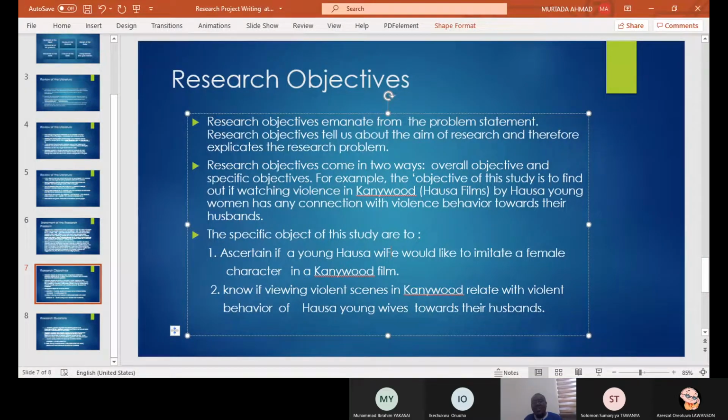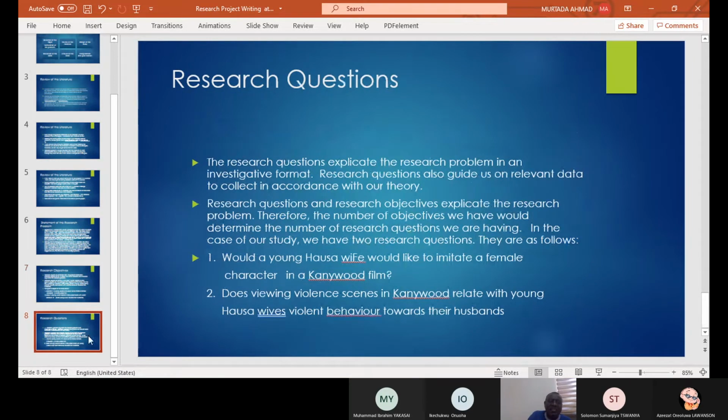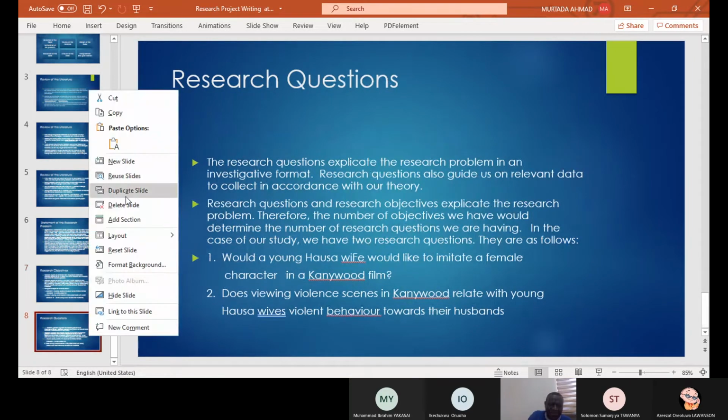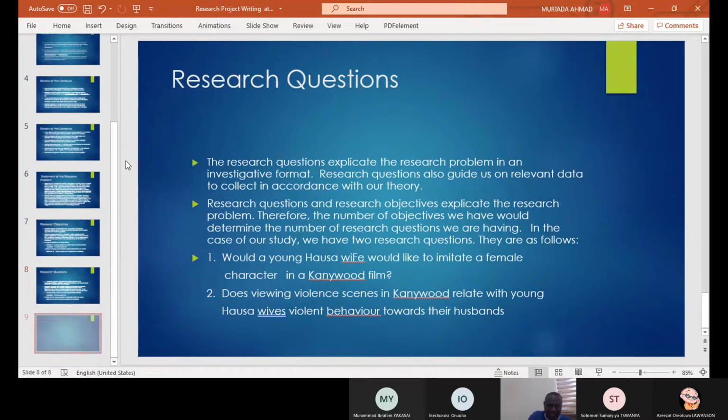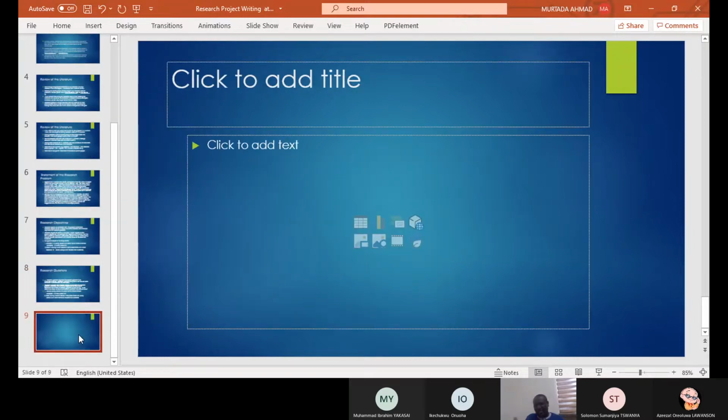Then we now say that we want to know if violence in Kannywood relates with violent behavior of Hausa young wives towards their husband. We ask this question in the research question. We ensure that it has some bearing, some connections with the research objective, and you can see that the research problem is the mother that gives birth to both research objective and research questions.